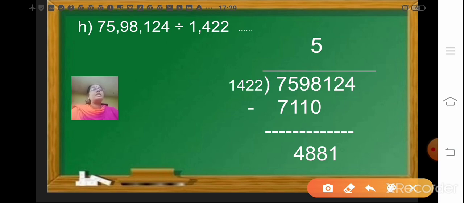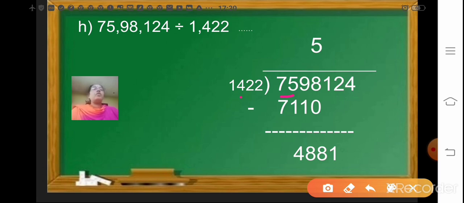So we'll take the first 2 digits, that is 75. You just divide by 14. Now 75, that is 14 5s is 70, whereas 14 6s if you multiply, that is 84, which is greater than 75.